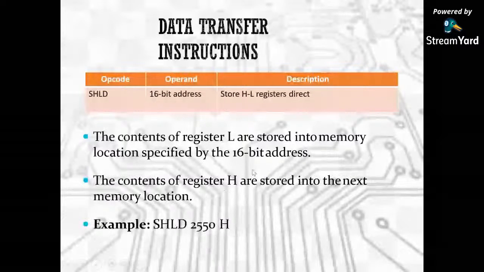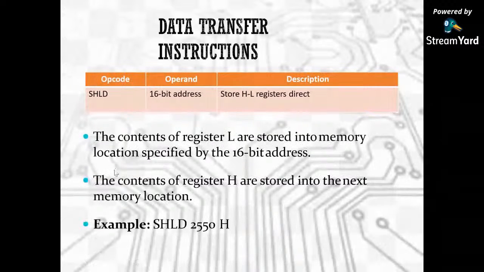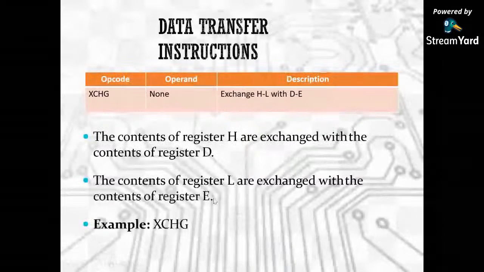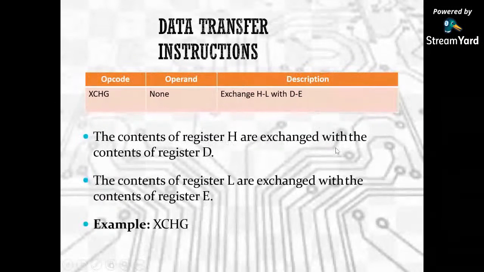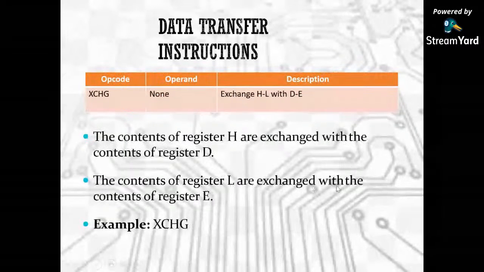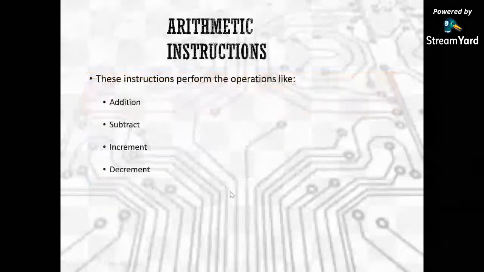Konten register H akan disimpan ke dalam memori lokasi selanjutnya. Gitu. Contohnya adalah ini, SHLD 2550H. Ini juga sama, exchange HL with DE, ya sama. H is exchanged with D, and L being exchanged with E.